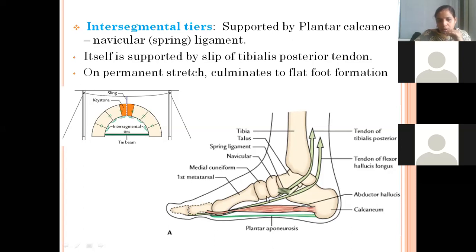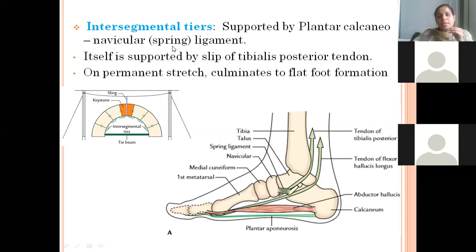Are they going along the bones or are they connecting the bones? Connecting. They are connecting the distal bones with the proximal bones. That's the reason it is also giving an intersegmental tie, supported by the plantar calcaneo-navicular ligament.